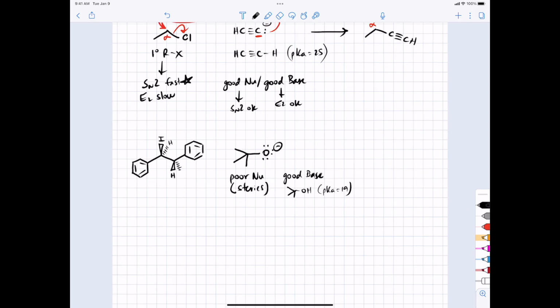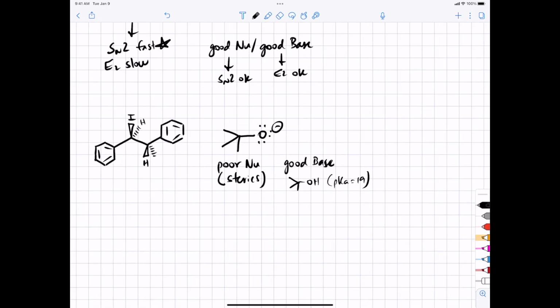All right. So this is a secondary alkyl halide. We would say that SN2 is okay and E2 is okay. But because we're using a poor nucleophile that's sterically hindered, no SN2, we would expect to only see E2.